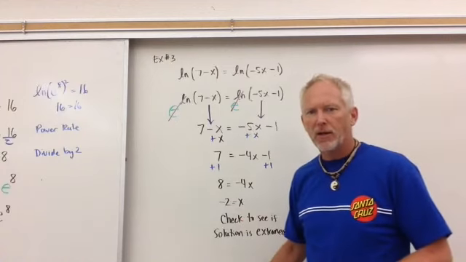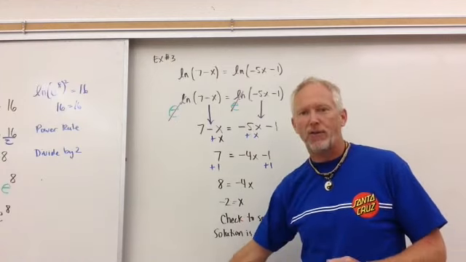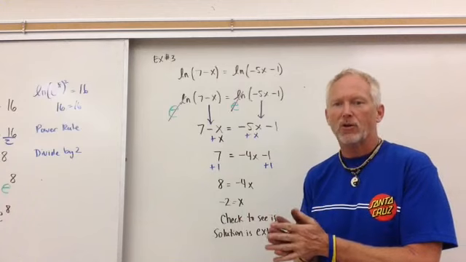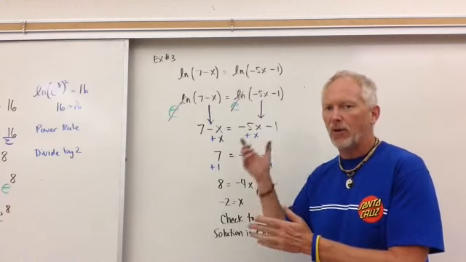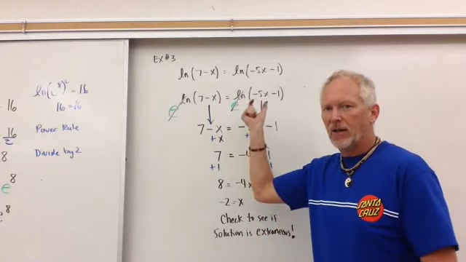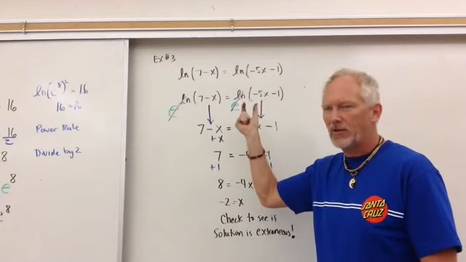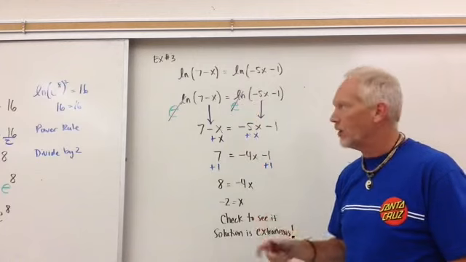Now, don't be so quick to think, oh, yay, I found a solution, without checking it. Because remember that we can't have a negative inside the parentheses of a logarithm, okay? There is nothing we can do.